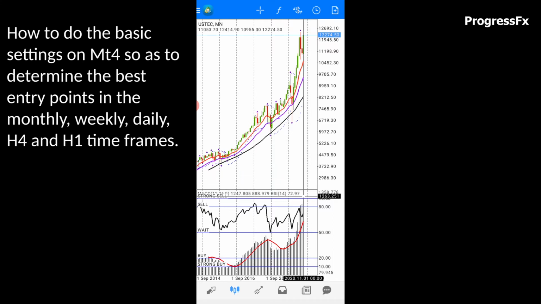So this red signal line of the MACD is yet to cross above the 80 sell level signal line, let alone get to the strong sell level, which is the very area, because a lot of people will be saying NASDAQ is about to fall, NASDAQ is about to fall.